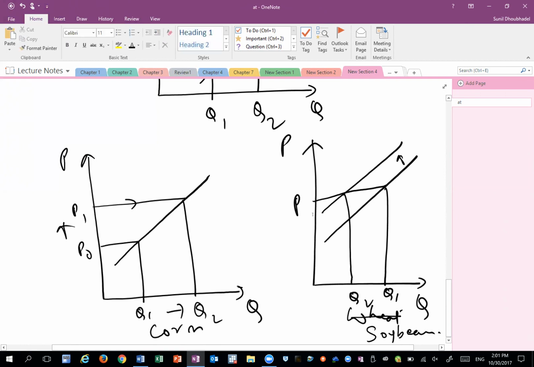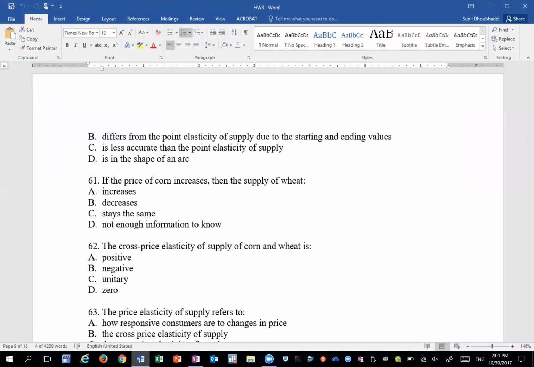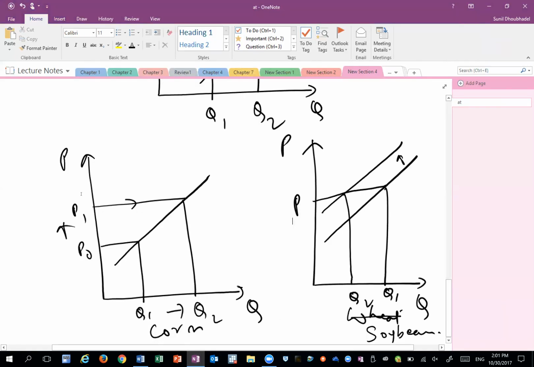So let me go back to the question. The cross price elasticity of supply of corn and wheat. The definition of cross price elasticity is: when the price of one increases, what will that do to the supply of the other? In the example I gave you, when the price of corn increases, the supply of soybean decreases.